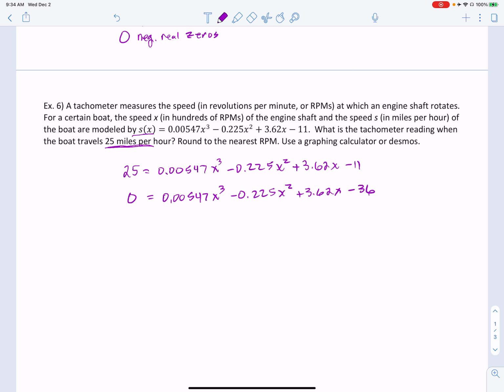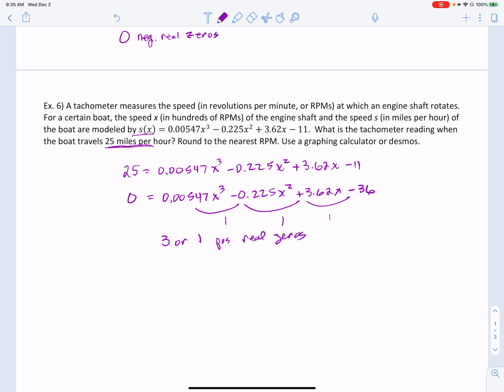And right here, this would be your f of x. There's one sign change, there's another sign change, and there's a third sign change. So there are 3 or 1 positive real zeros to expect.